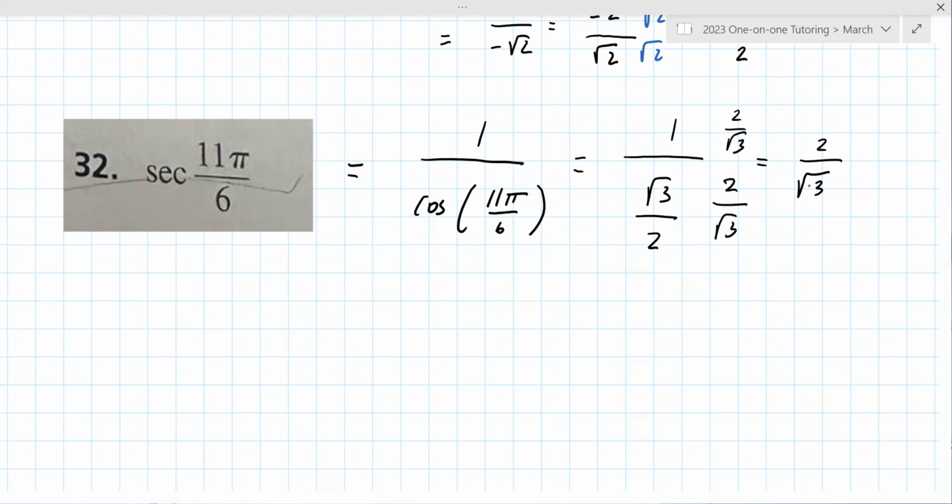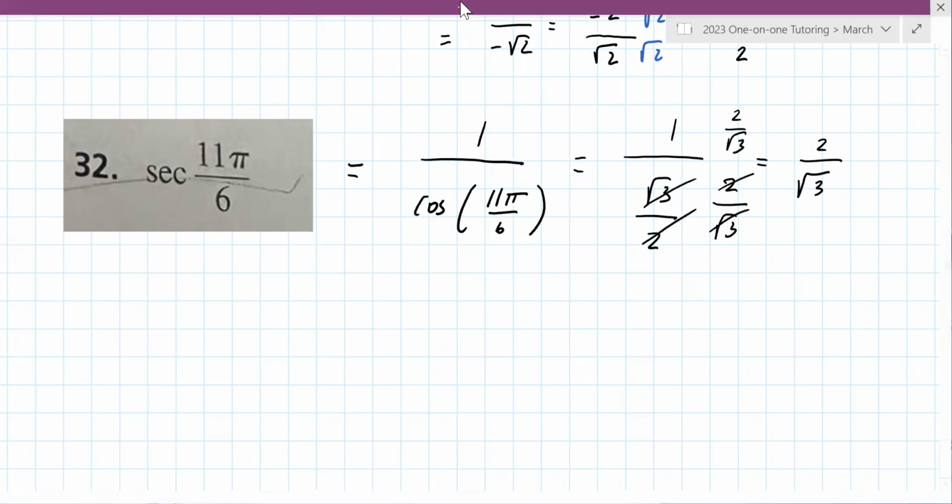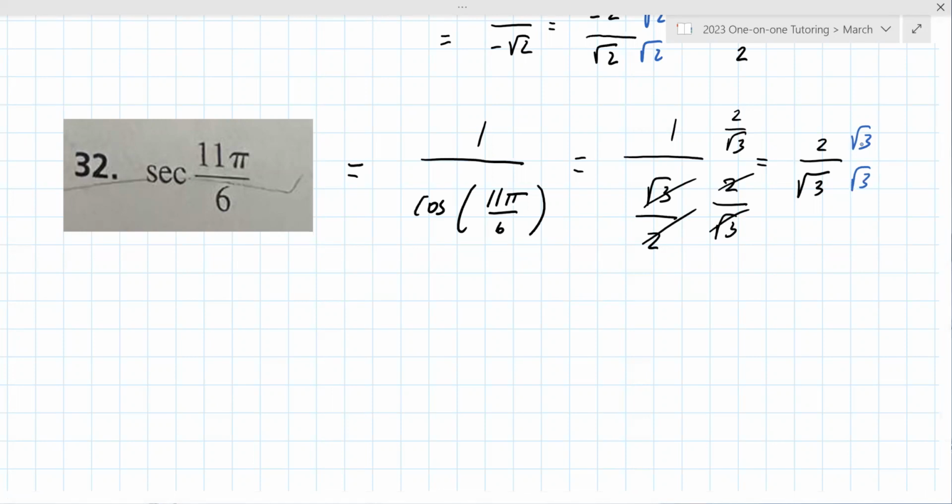So you're going to rationalize from here, so that this just clears out the fraction on the bottom. So then that'd just be 2 radical 3 over 3. Yes.